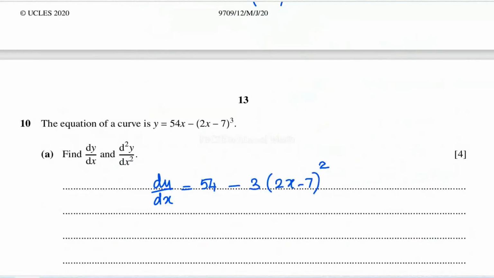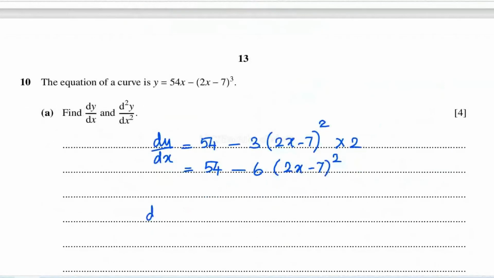On differentiating that, we will get 2. So 54 minus 6 multiplied by 2x minus 7 the whole square.